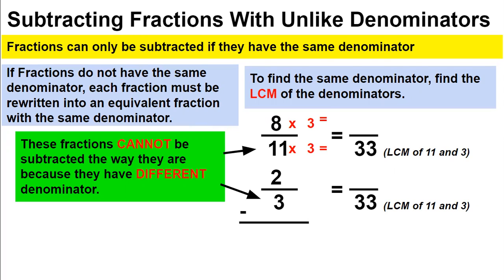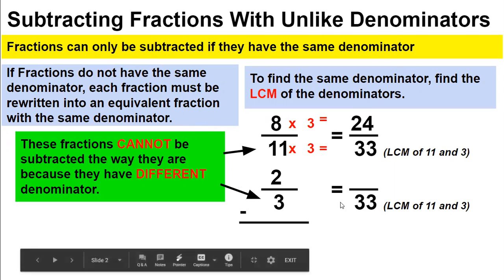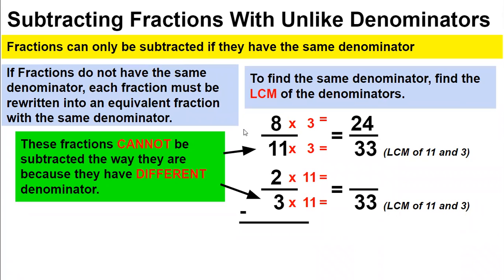So 8 times 3 is 24. I'm going to do the same thing on the bottom. Be careful though, this time we're not multiplying by 3 down here. 3 times what gives me 33? 11. This time we're multiplying by 11. So my 2 up here has to be multiplied by 11 as well. 2 times 11 is 22.